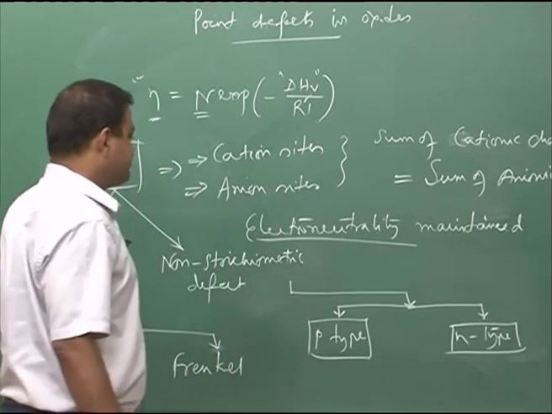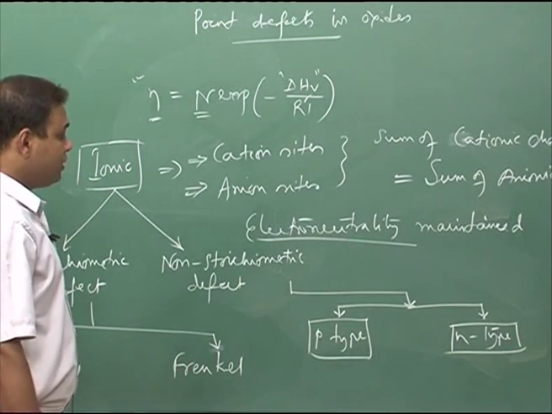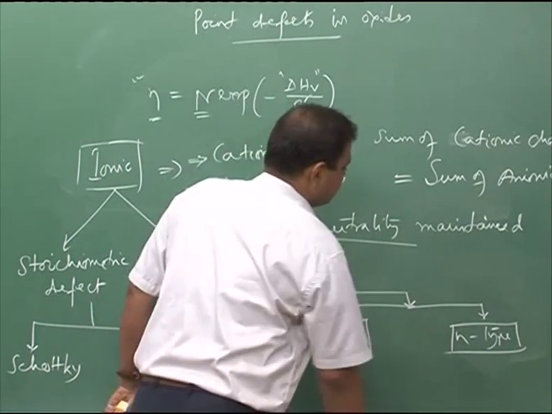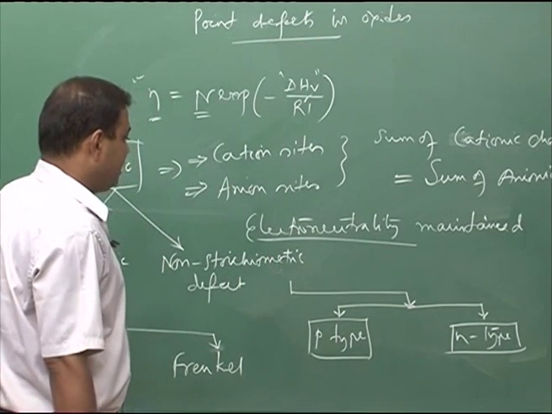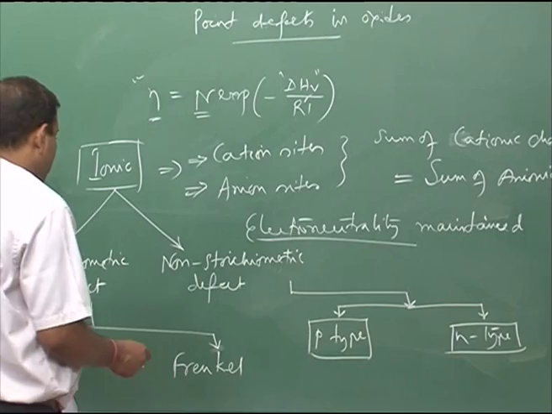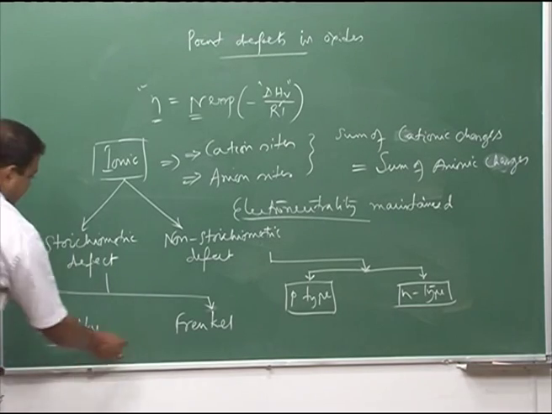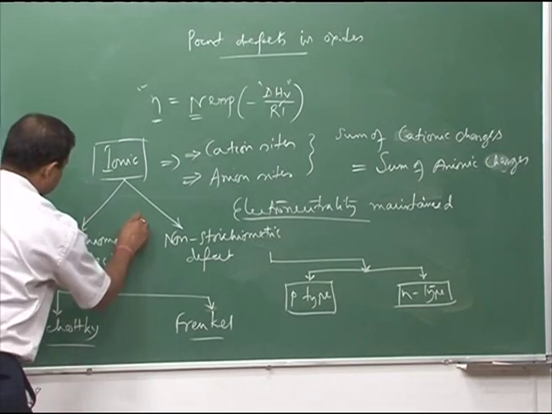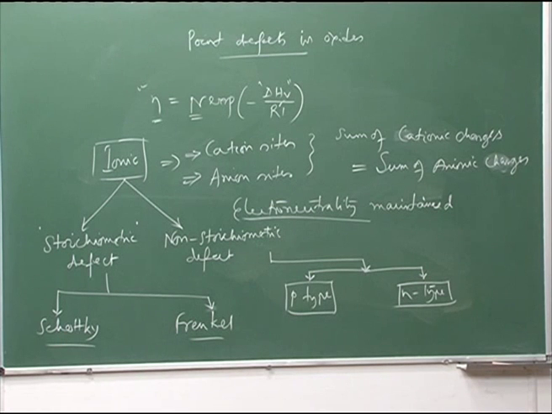In p type the charge carrier is the hole, and in n type the charge carrier is the electron. Now let us see what is Schottky and what is Frenkel, and also what is stoichiometric defect.